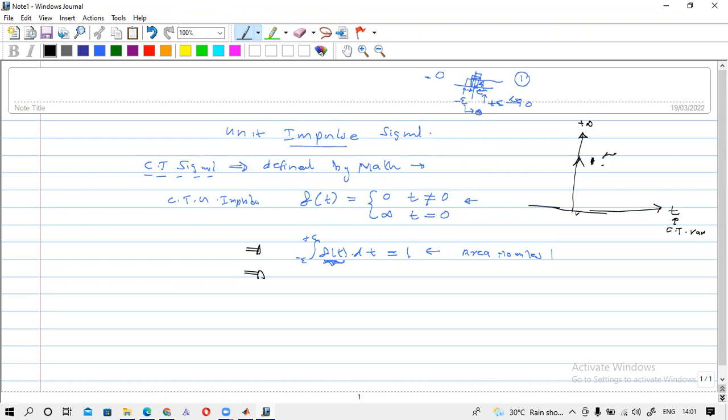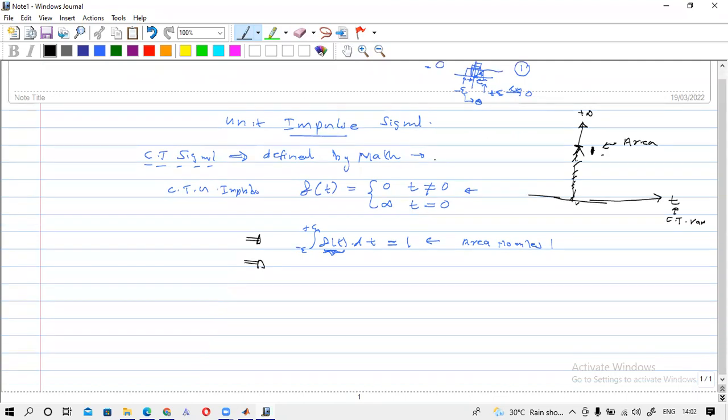This 1 is not the value on the y-axis. It denotes the area of the function. This is defined in maths, so we have very difficult maths here, no?